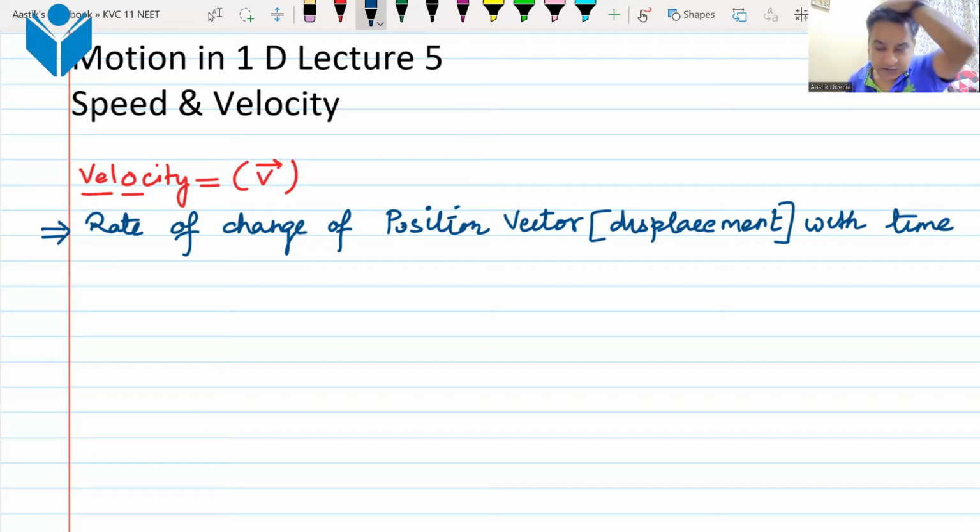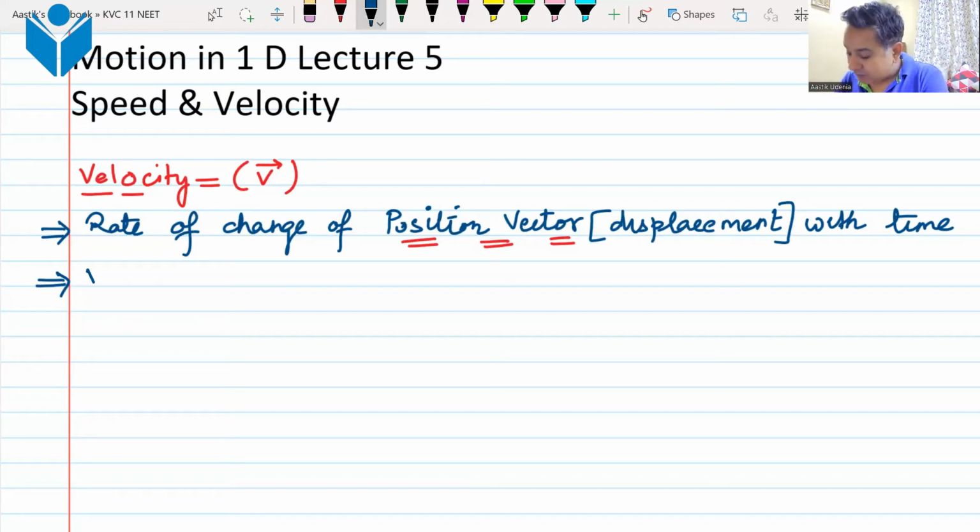Sometimes the question might say displacement, but displacement is not correct. The correct thing is the rate of change of position vector with time. Do we understand this?